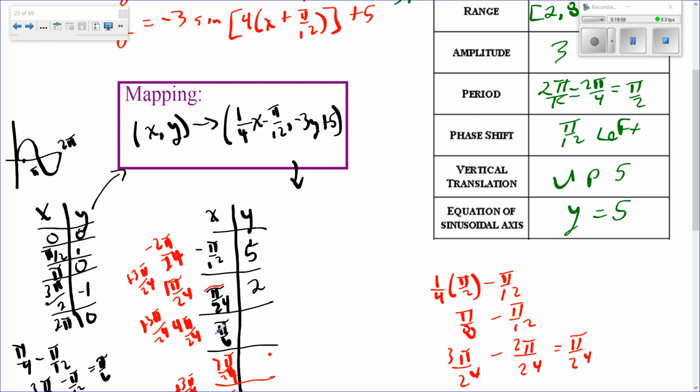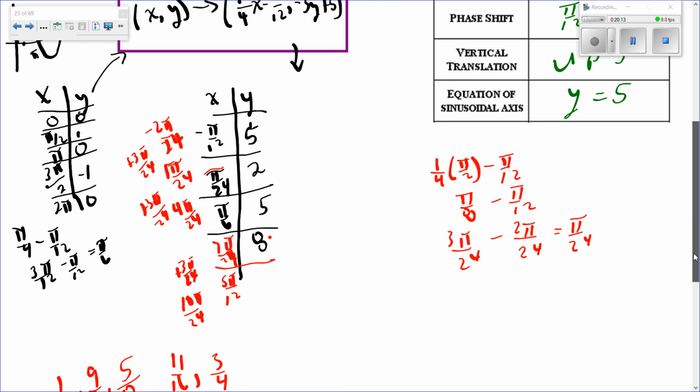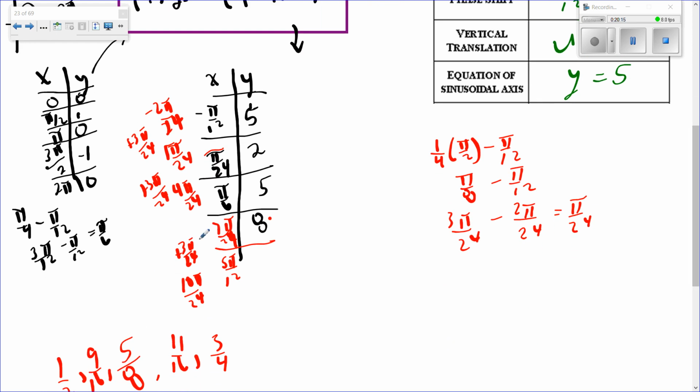That will be a 2. 0, we already did 0. We know we get 5. Negative 1 times negative 3 is 3 plus 5. That one is 8. Last one is a 0. We already did 0 a couple of times. That one is a 5.